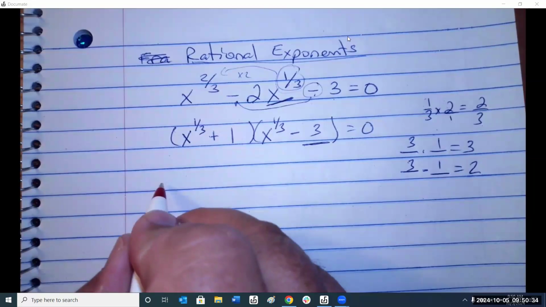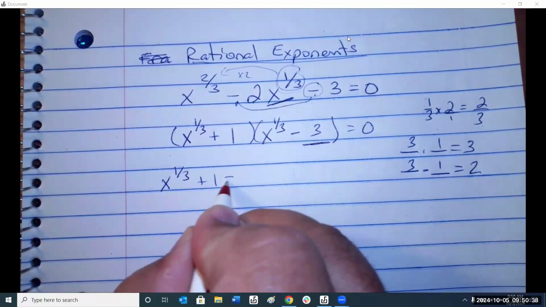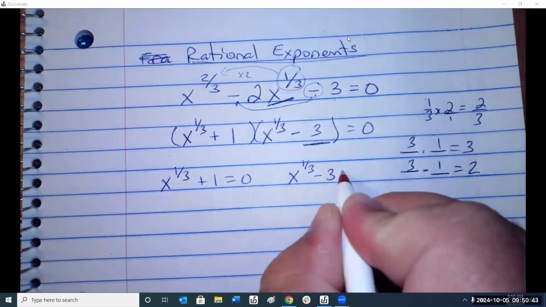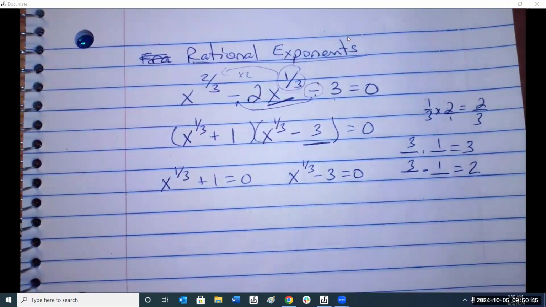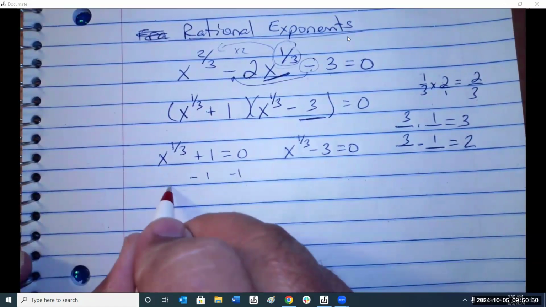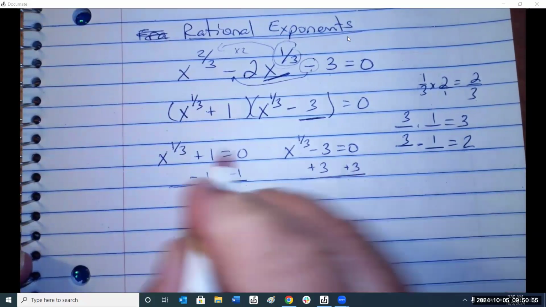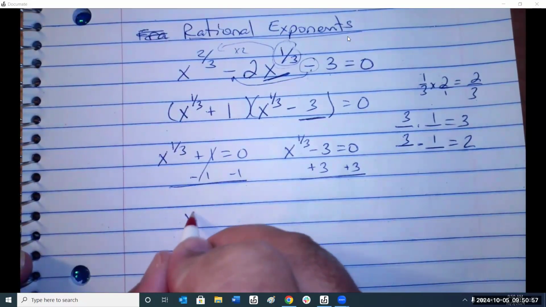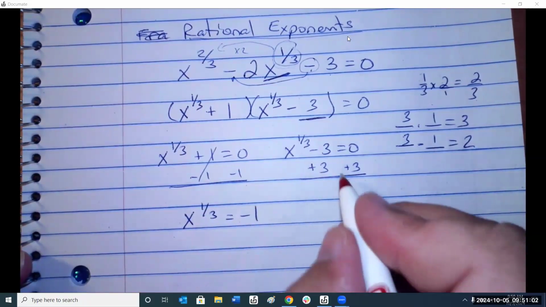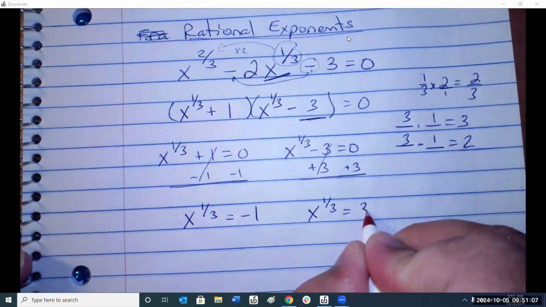All right, so take both of these, x to the power 1/3 plus 1, set them equal to 0. x to the power 1/3 minus 3 equals 0. Subtract 1 from the first one, add 3 to the second one. So we have x to the power 1/3 equals -1, and x to the power 1/3 equals 3.